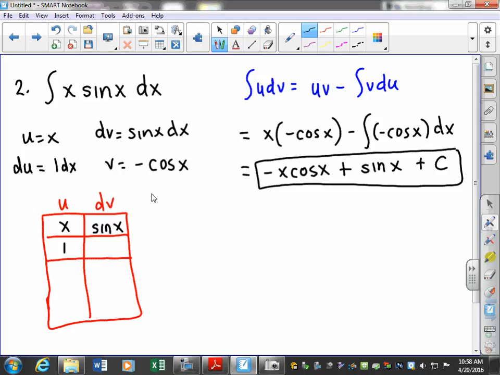Just 1, and then of course I can say, what's the integral of sine of x? Negative cosine of x. Okay, derivative of 1 is just, actually let me do that in red just to be consistent, 0. And then what is the integral of negative cosine of x? Negative sine of x.